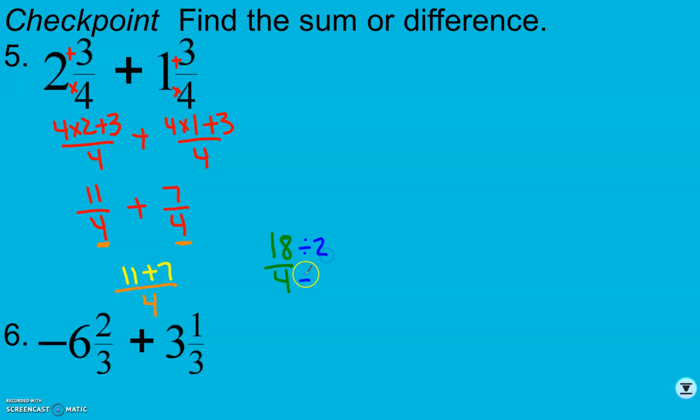I can take a 2 out of each, which gives me 9 over 2. Now we can switch that to be a mixed number again, because 9 is greater than 2. So 9 divided by 2. 2 goes into 9 4 times, which is 8. We'll subtract there with a remainder of 1. So 4 and 1 over 2 is what we get there.